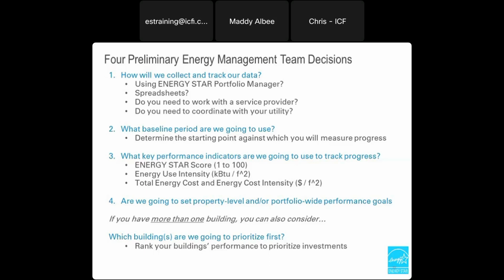And then the third question you're going to want to ask yourself is, what key performance indicators you are going to use to track that progress. So Portfolio Manager allows you to calculate a ton of different metrics, and these can range from energy use intensity, Energy Star score, total costs, greenhouse gas metrics, etc. There's so many metrics to choose from to actually establish those KPIs.